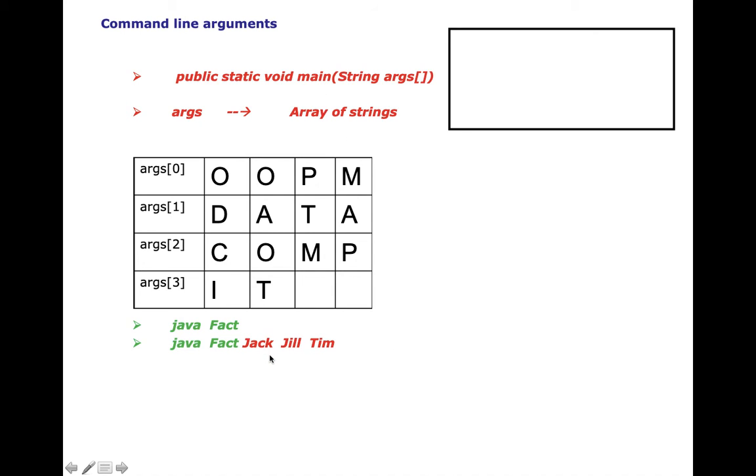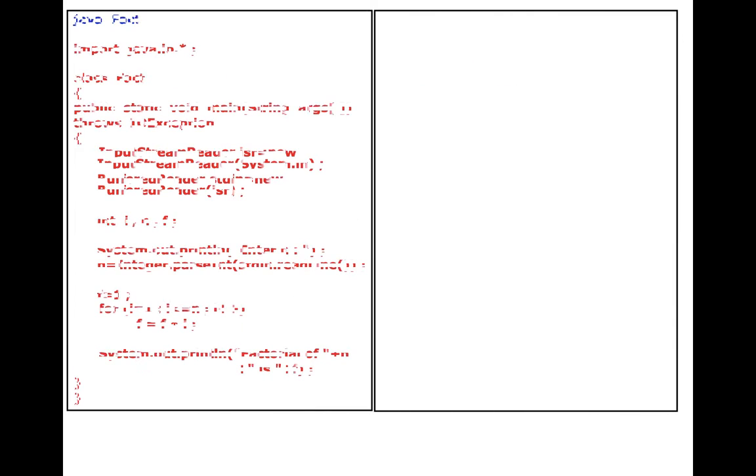So Jack, Jill, Tim will automatically get stored in the array args one below another. If you really understood this, tell me what will be args of 0? It will be Jack. Args of 1, Jill. Args of 2, Tim.